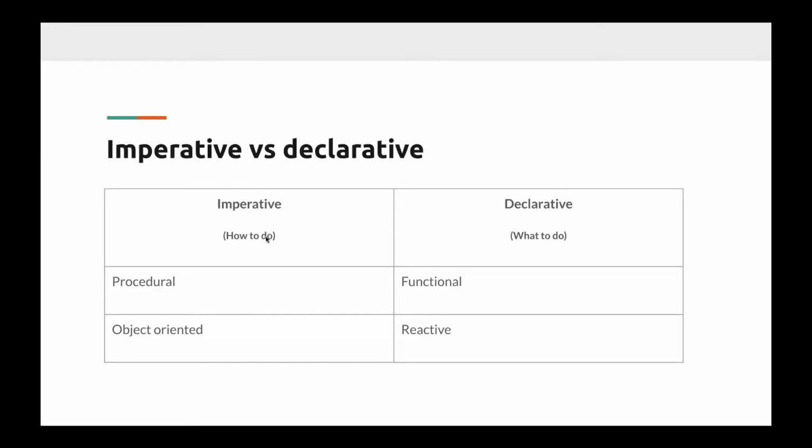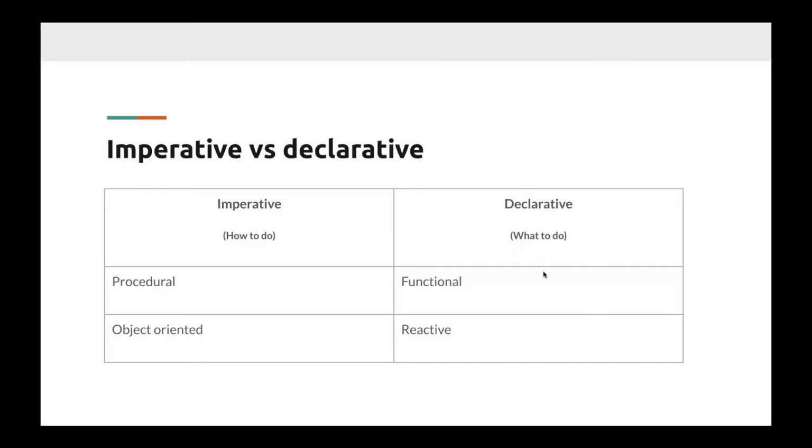So imperative is a style of programming that says how to do. If you have a method, you have to instruct how to do it. Rather, in declarative, you are instructing what to do. Procedural and object-oriented are examples where you are instructing line by line how to do, right?